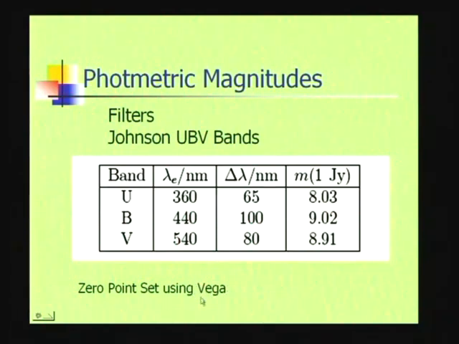So, the star Vega is used to set the 0 point of the photometric system.